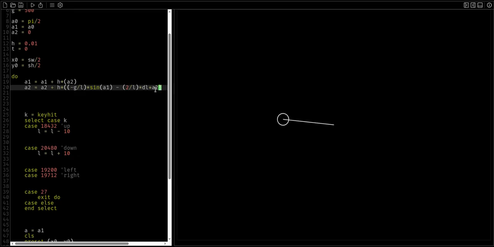Right, so A2 is d theta over dt, and we already have it as A2.